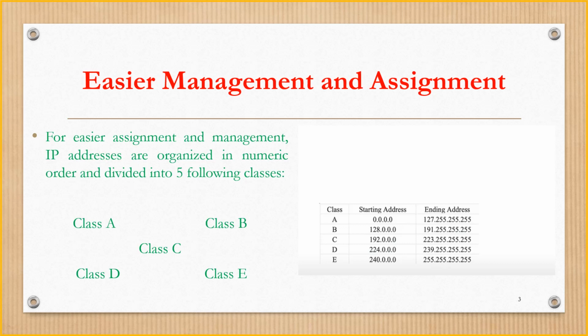Class C starting address is 192.0.0.0 to 223.255.255.255. Class D starts from 224.0.0.0 up to 239.255.255.255. And finally, the Class E IP addresses start from 240.0.0.0 to 255.255.255.255.